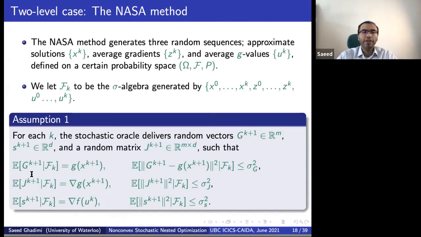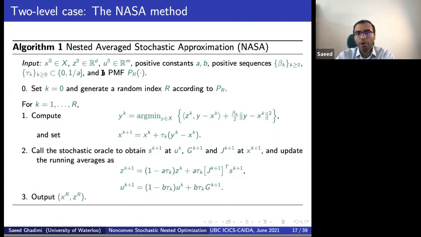Okay, so here, this is the g. G would be an unbiased estimator for the value of the inner function, j would be an unbiased estimator for the Jacobian of g, and s would be an unbiased estimator for the gradient of f at some point u_k. So this is a nested problem.